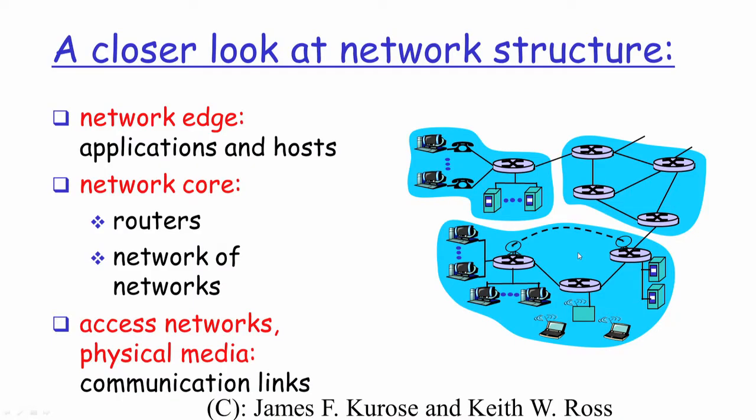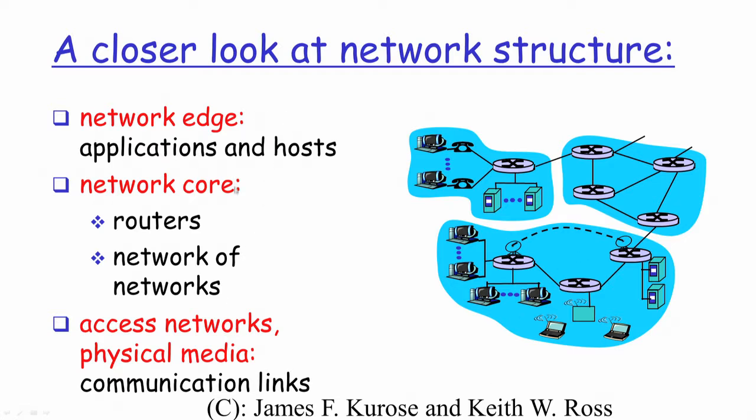The network core is going to consist of router devices which have the responsibility of forwarding the packets from the source to the final destination after taking many hops. How many hops it takes will depend on where the source and the destination are and how many devices it has to cross to reach the final destination.